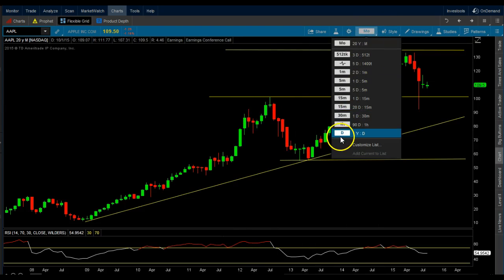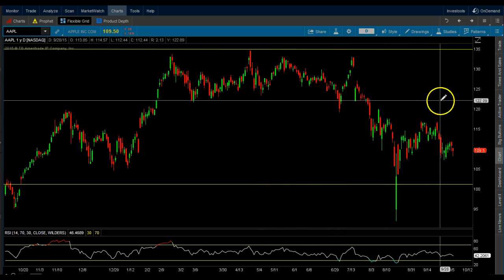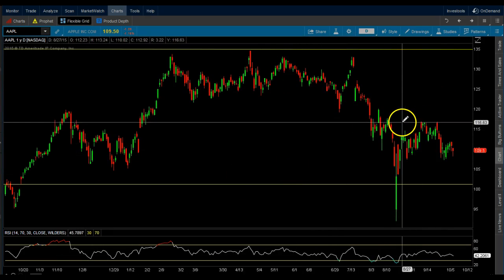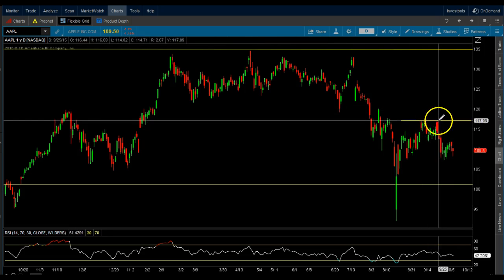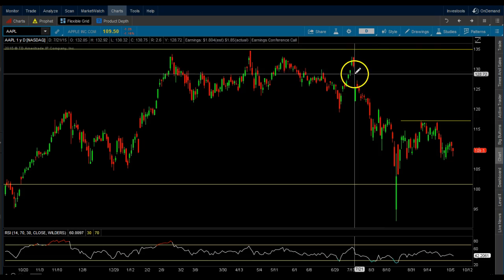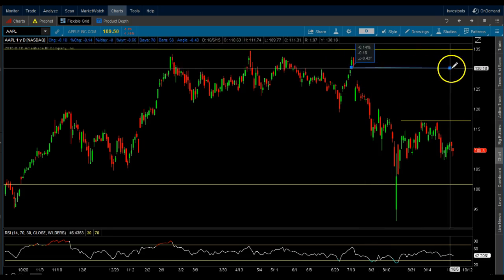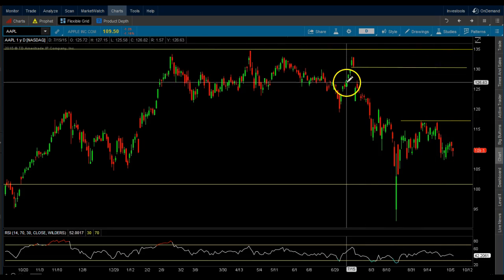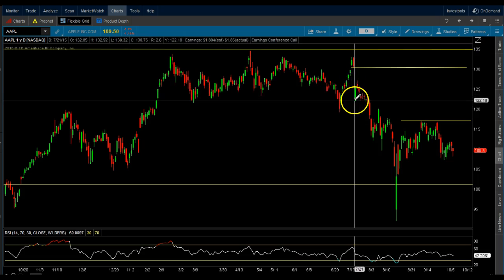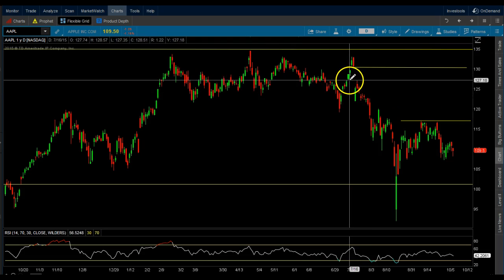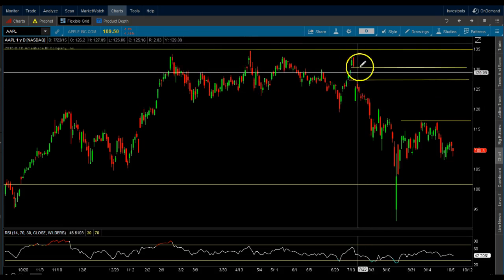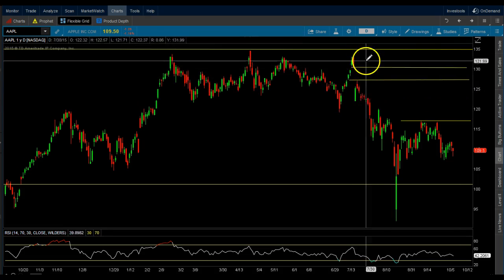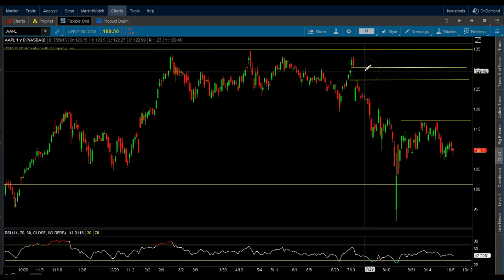Now, if we go to a daily chart, okay, we could start to draw on a smaller time frame. This is a double top, right? Right here, we actually have a gap where price closed, and then we opened the next morning down here. But the high of that gap was right here. We weren't able to ever fill that gap. Okay, so gaps usually always get filled.